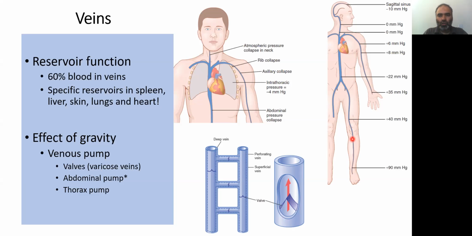So imagine that this vein actually is not just a tube, it is actually a collection of chamber upon chamber upon chamber. And each chamber has valves guarding it. So valve, chamber, valve. So when the valve opens, blood comes in the chamber. As soon as it tries to go back, the valve snaps shut.